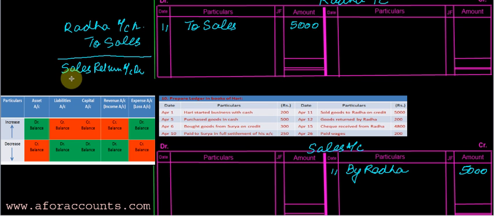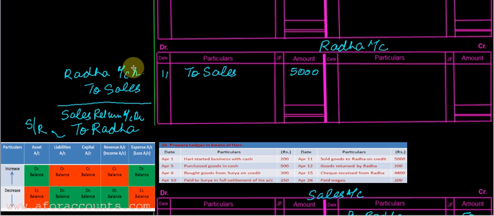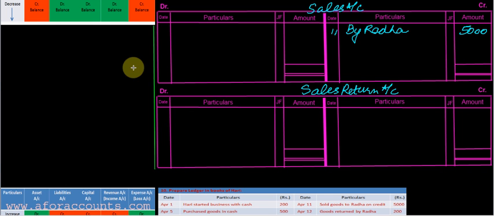Sales return account debit to Radha. This is a sales return entry. Sales return account debit to Radha by 200.